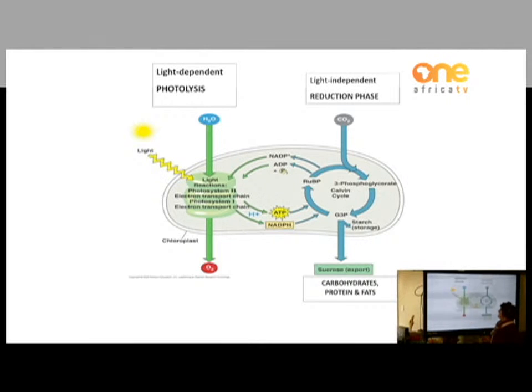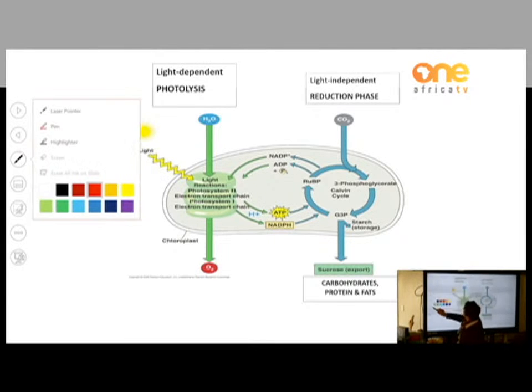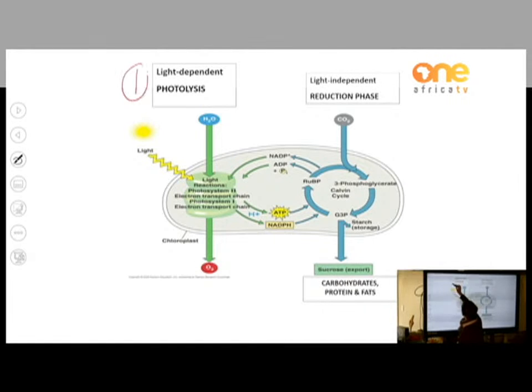So again, there are two phases. The first one is the light-dependent phase, during which the reaction is photolysis. And the second one is the light-independent phase, where the reduction takes place. Now, in our first experiment, we are going to see whether chlorophyll is important so that photosynthesis can take place.